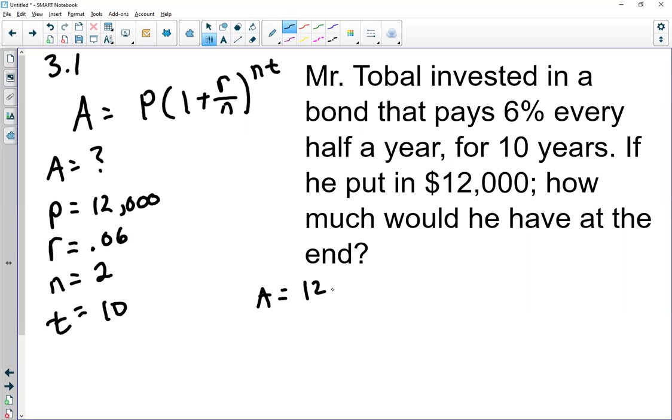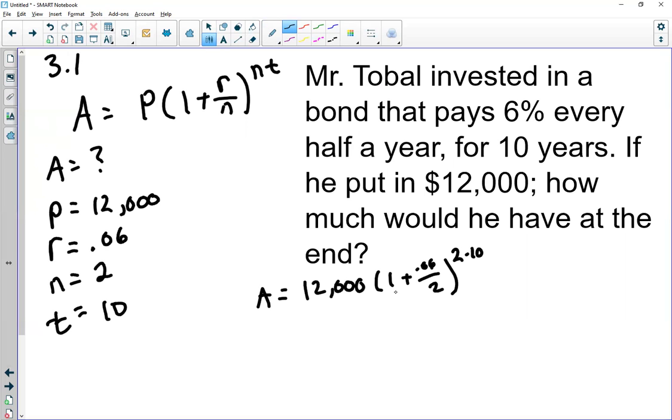So A equals 12,000 times 1 plus 0.06 over 2 to the power of 2 times 10, which would be 20. Let me get my calculator. 1.03. Wait, why'd you put a 2?